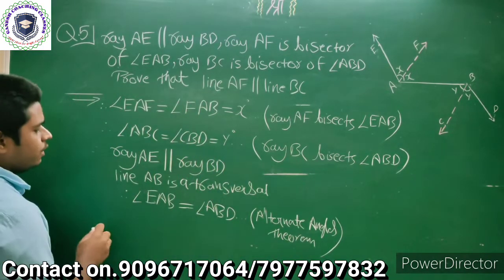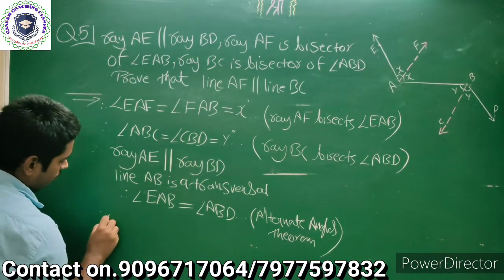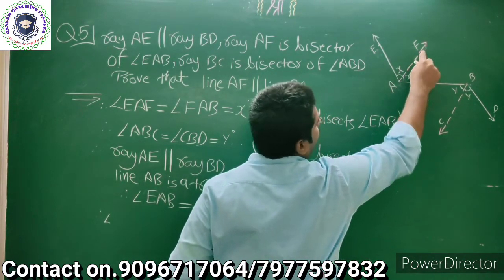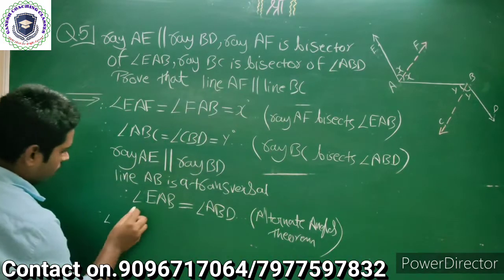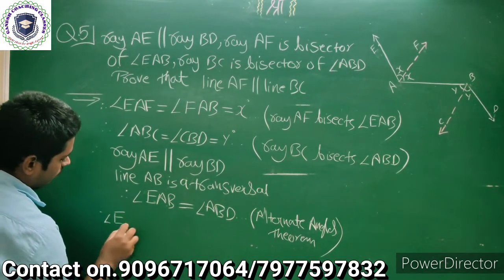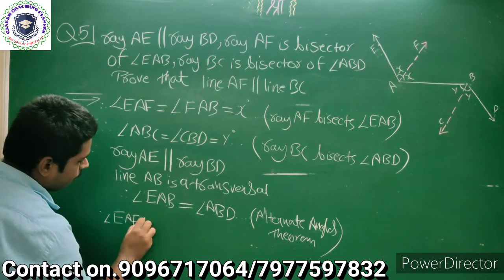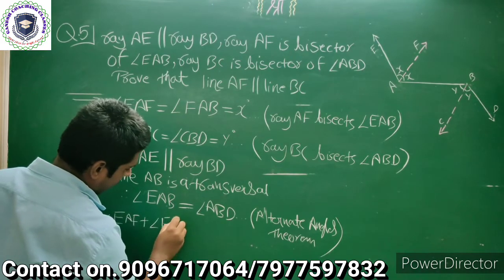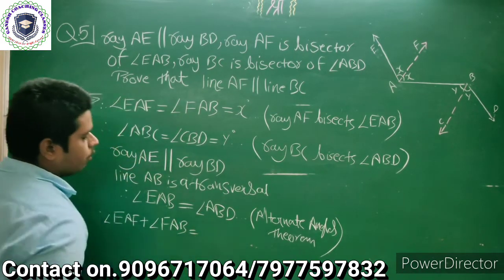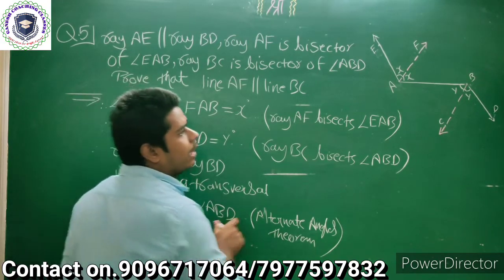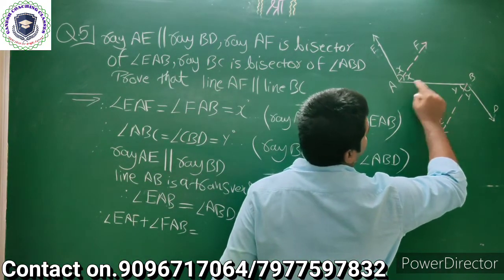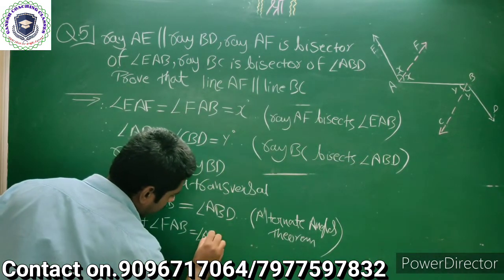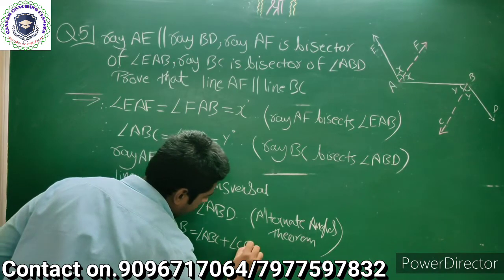So angle EAB is equal to angle EAF plus angle FAB, and angle ABD can be written as angle ABC plus angle CBD.